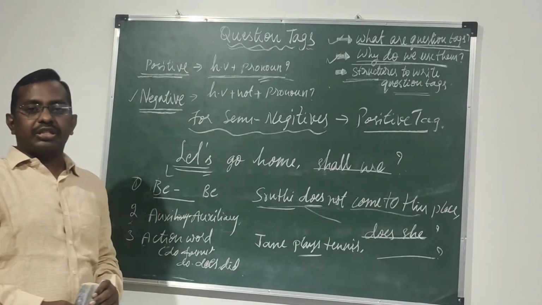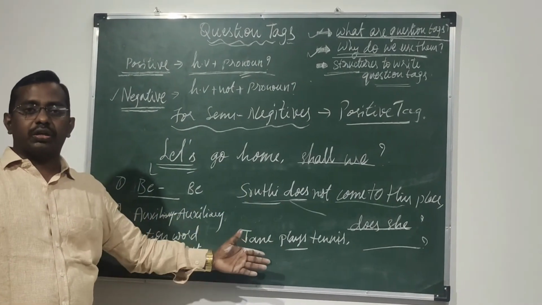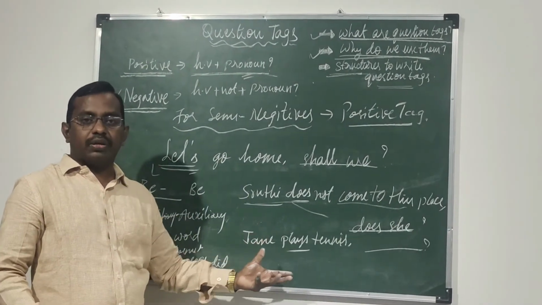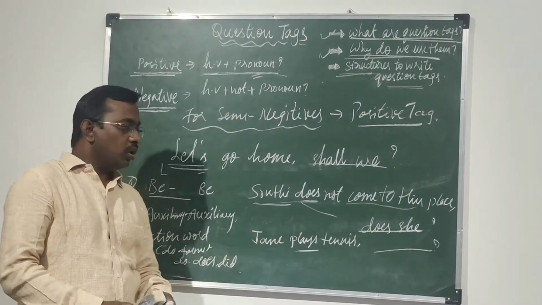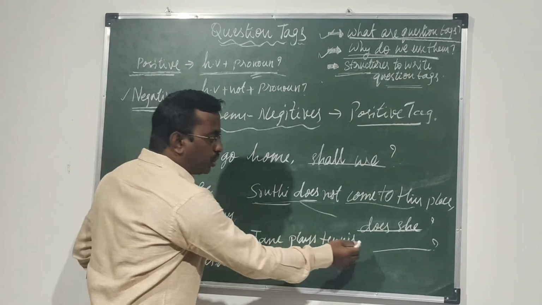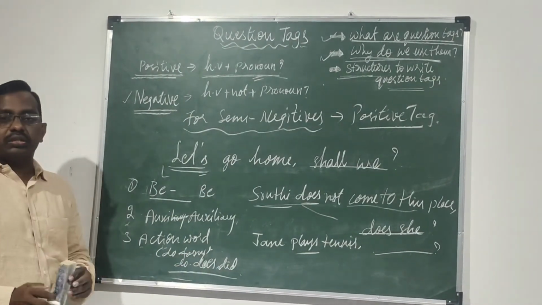Plays is an action word. It is not a be form or a helping verb. It talks about some action here. So it is an action verb, a dynamic verb. So when there is an action word in the sentence, the helping verb of the question tag should be do forms. Do or does or did.